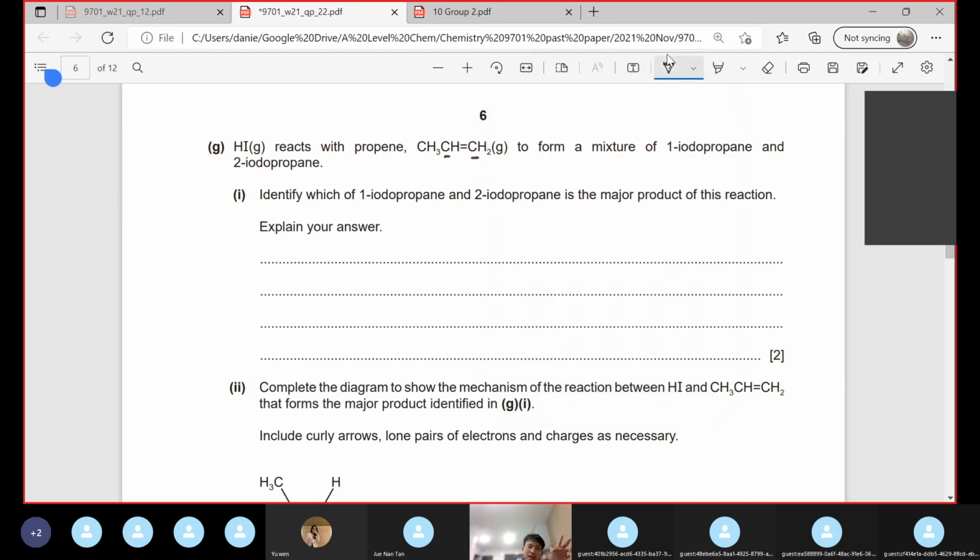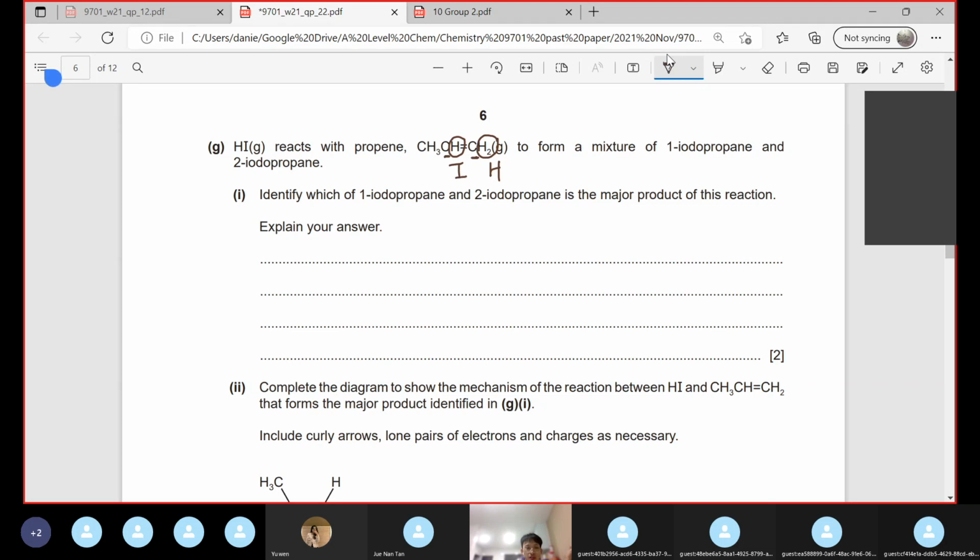We only look at the double bond carbons. One double bond carbon has only 1 H, another one has 2 H. So according to the Markovnikov rule, H will bond to this carbon, which means the I will bond to the carbon in the middle.